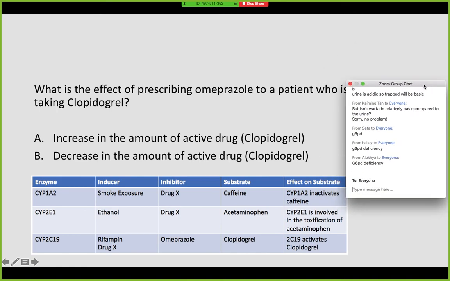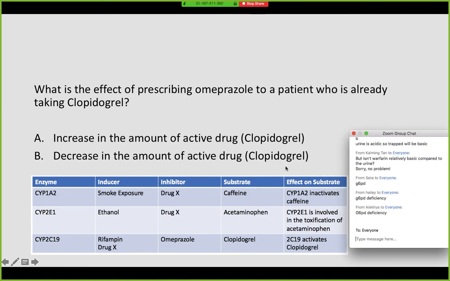Okay, so there were definitely one or two questions like this on the exam last year. So make sure, and she will give you a chart like this. You don't need to memorize any of the CYP enzymes. It's just your ability to interpret the chart.